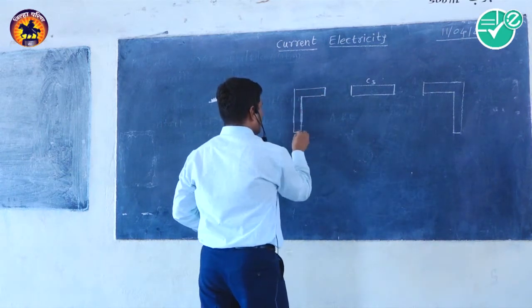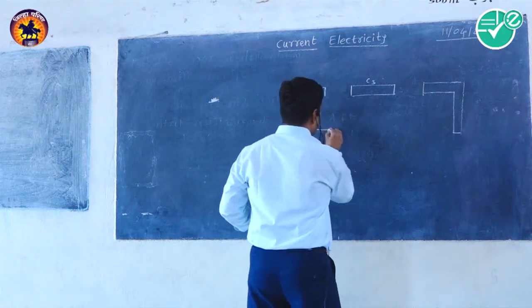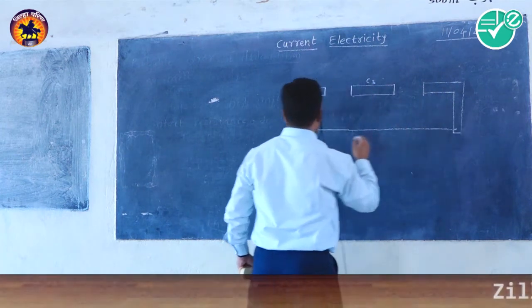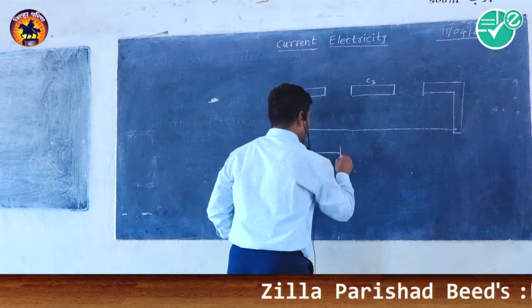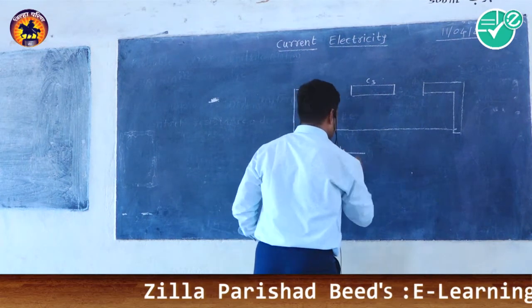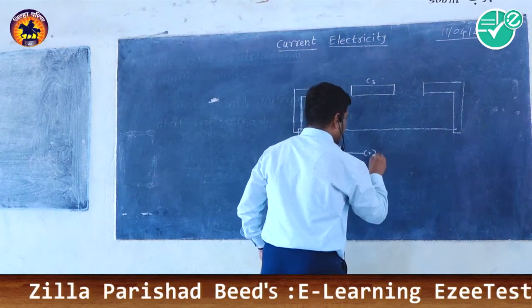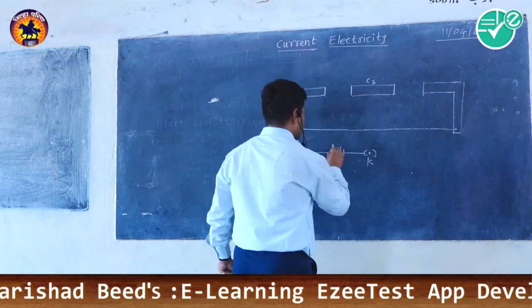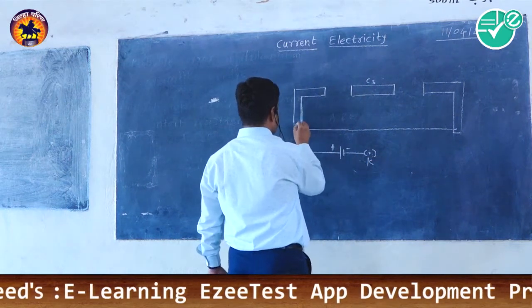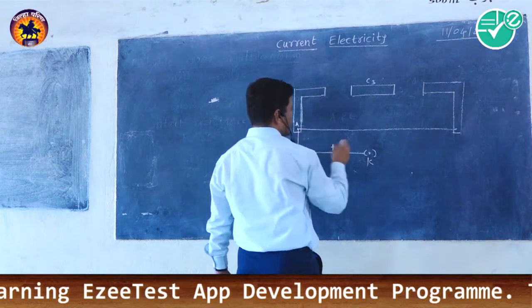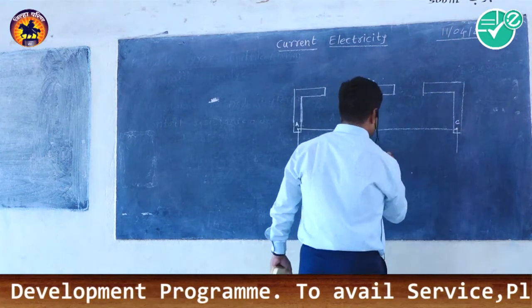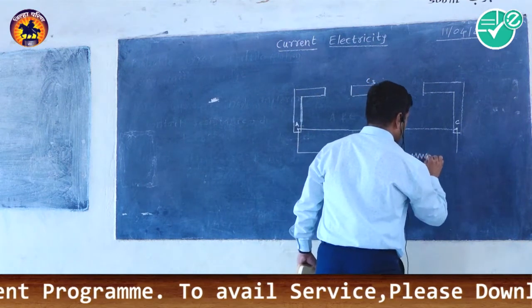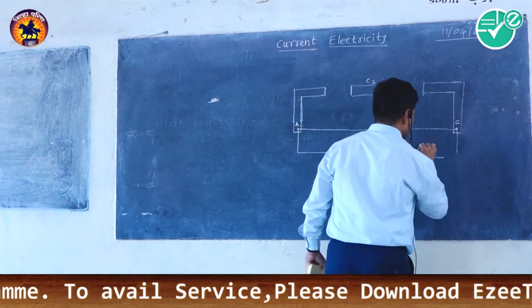It consists of a long uniform wire which is 100 centimeter long, an EMF E, a one-way key K. This is wire AC. This point is called A, another point is called C, and a rheostat denoted by RH.